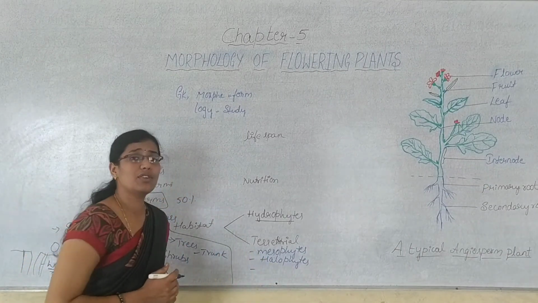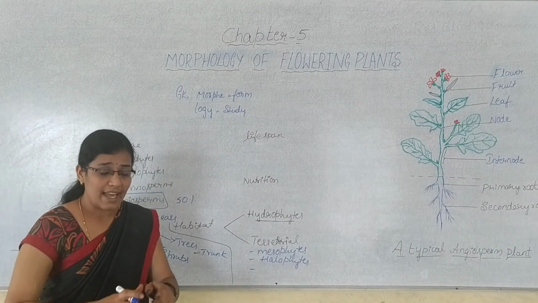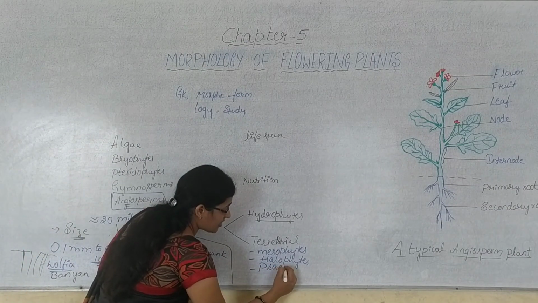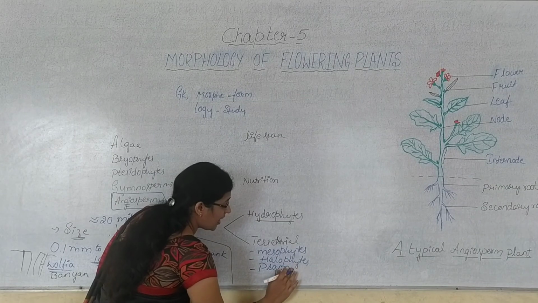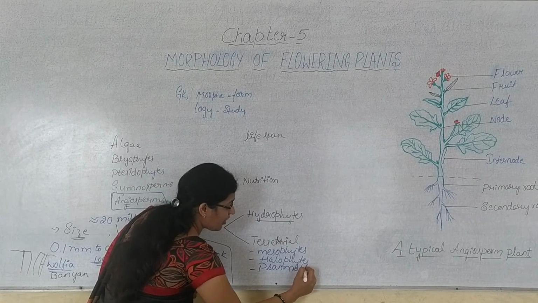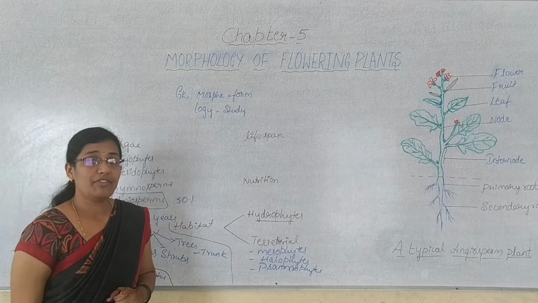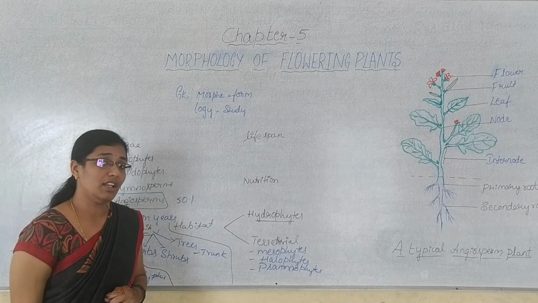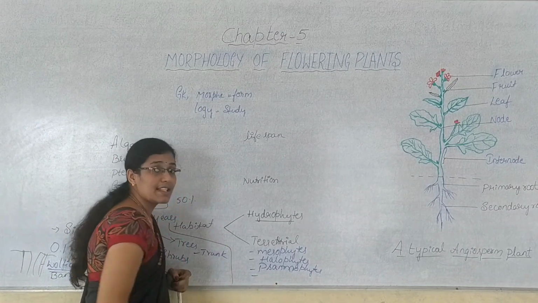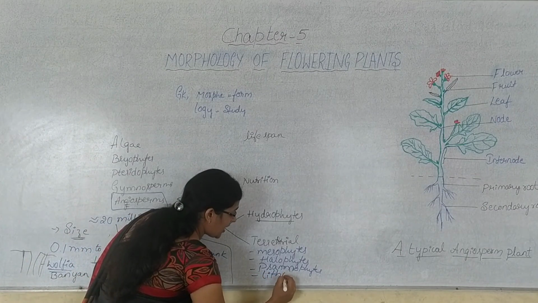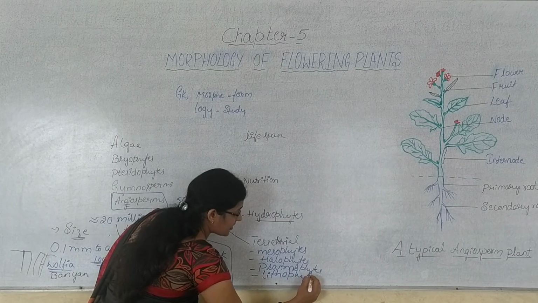If the plants are growing on the sand, those are called as psammophytes. What do we call for them? They are called as psammophytes. If the plants are seen growing on the rocks, they are called as lithophytes. What do we call for them? They are called as lithophytes.